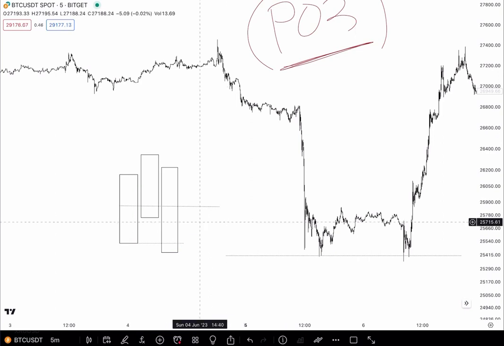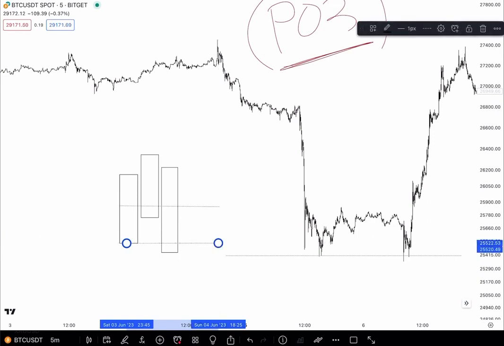And this will give you a ton of trades, by the way, or to the opposing end of the candle.